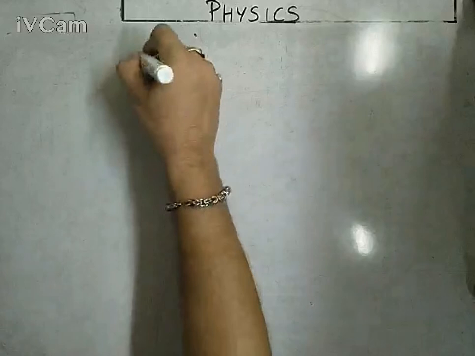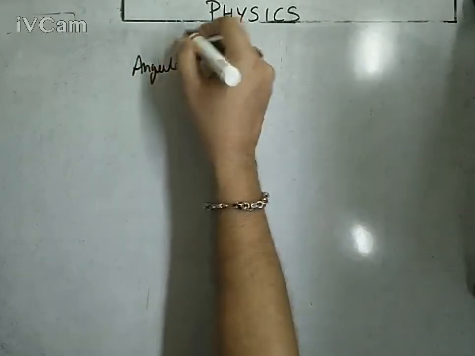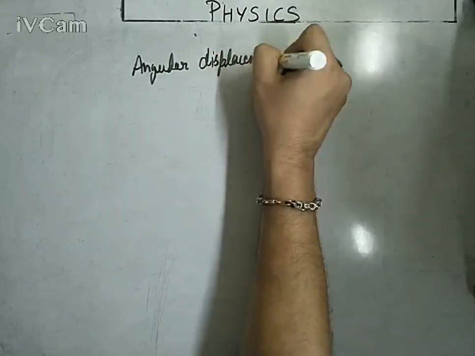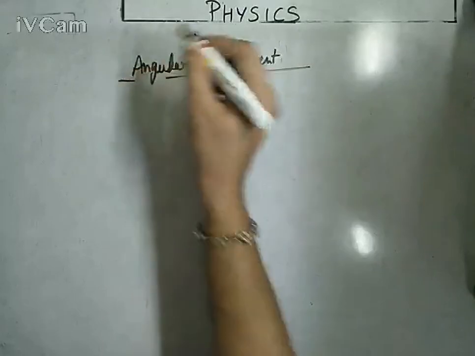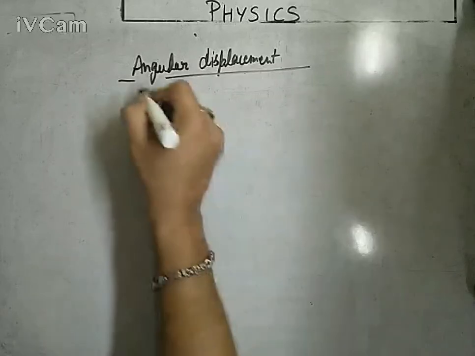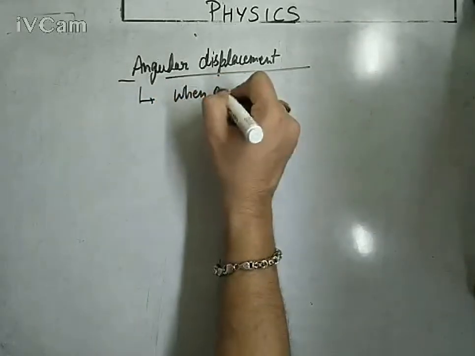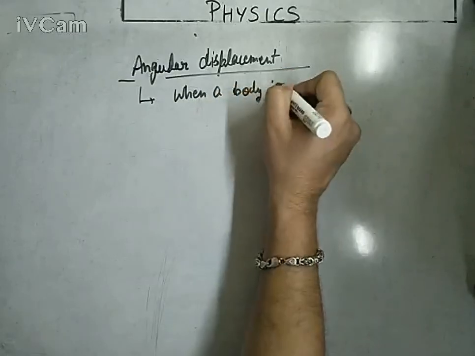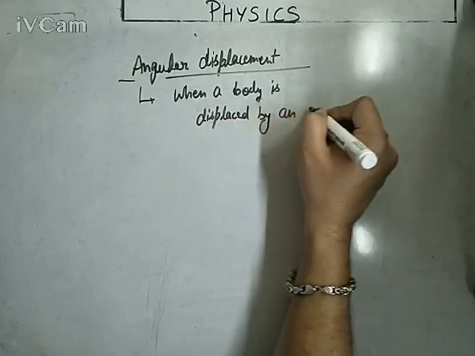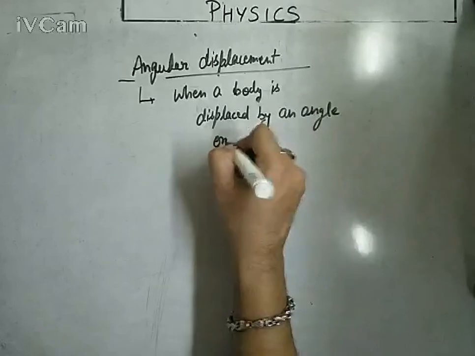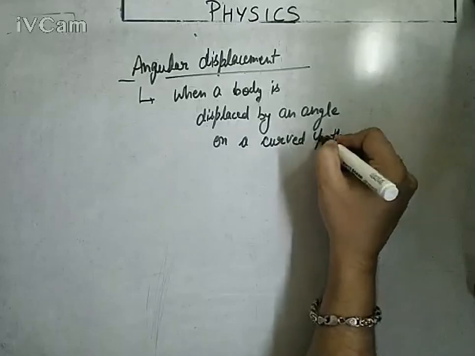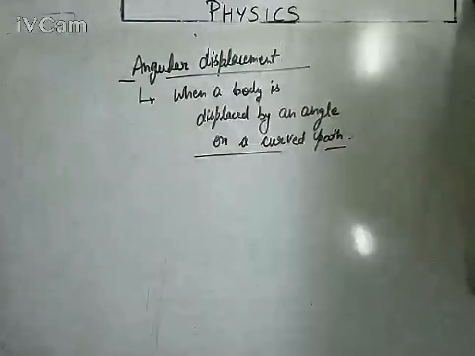The meaning of angular displacement is the movement by an angle of a body, meaning when a body is displaced by an angle on a curved path, that displacement is called angular displacement.